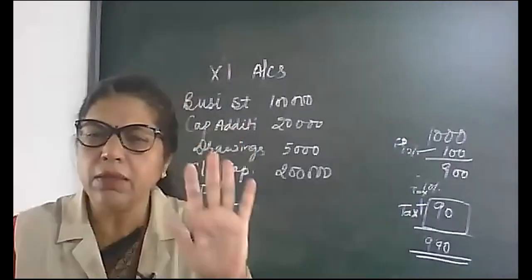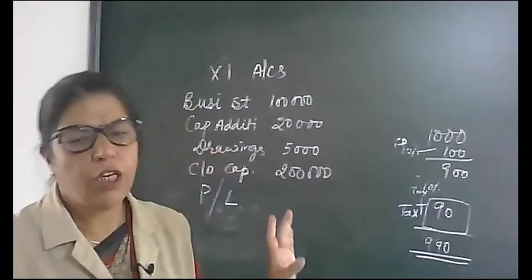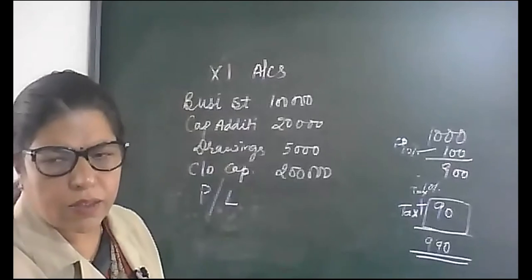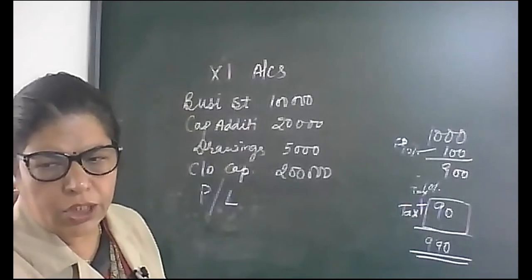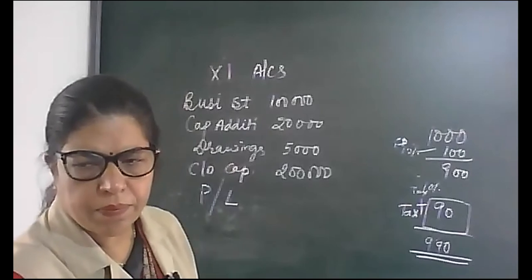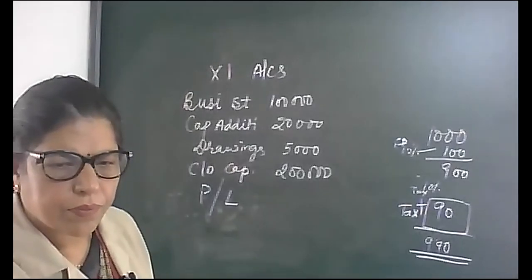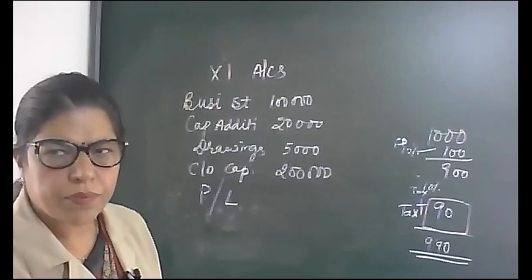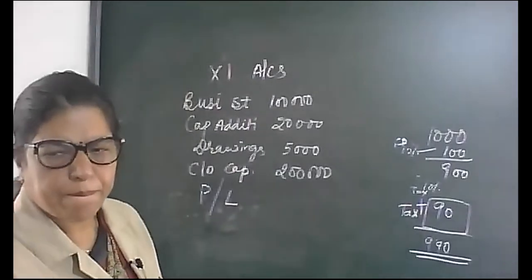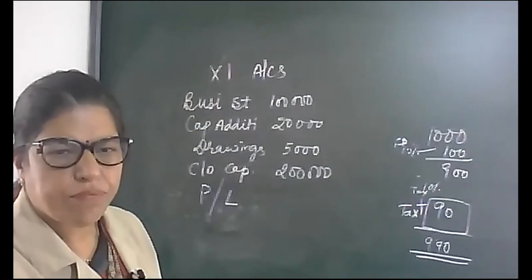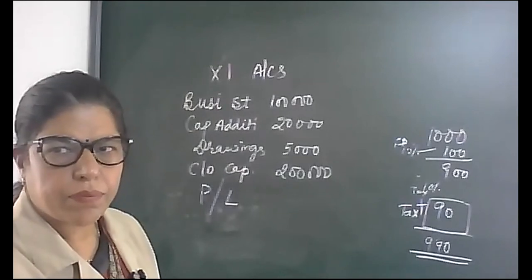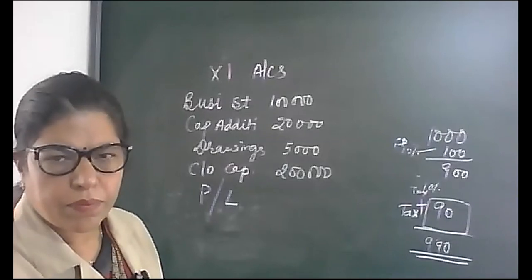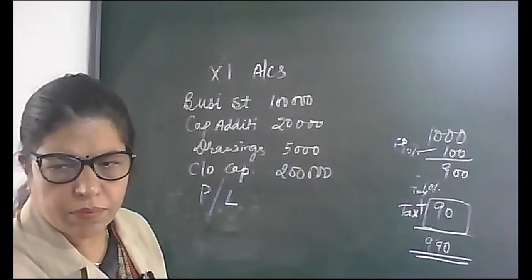Now don't show the calculation, just give the answer. What is the amount of profit or loss? Tanish will give us the answer. I am unmuting you, my dear. Ma'am, 1 lakh plus 20,000 minus 5,000.